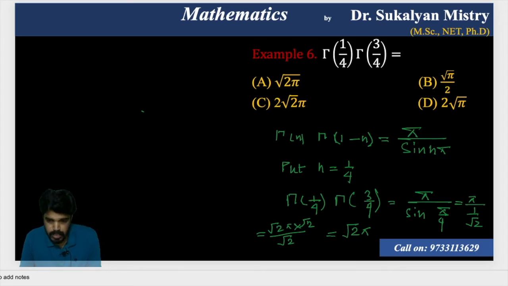So which option is correct? Sorry, this will be the answer: this is root 2 pi. Okay, so this option is correct. Okay, so option A is correct.